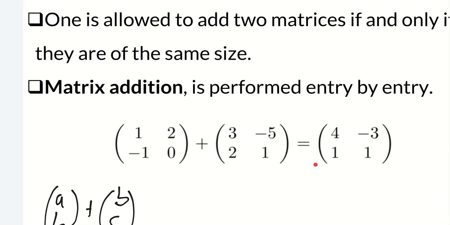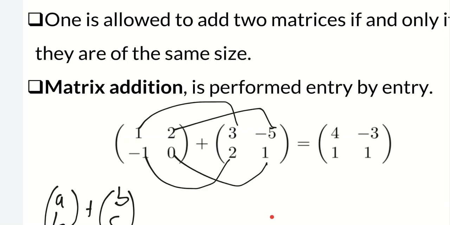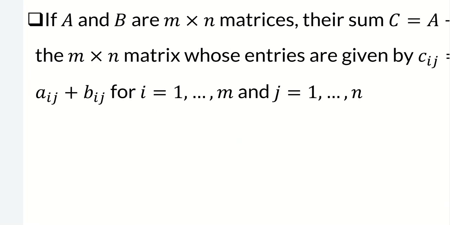So if I'm adding two matrices, the one will be added to the three, then this will be added to this, then this to that, and this to this. This is something simple and easy. It's the same thing we did in vectors, just element-wise addition. So this entry and this position will add, this and this will add, and this will add.